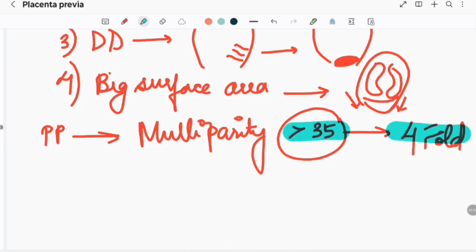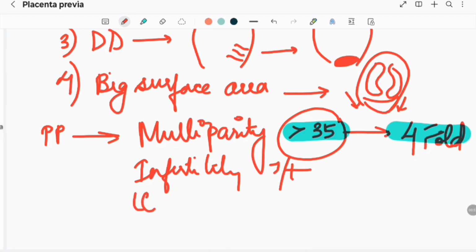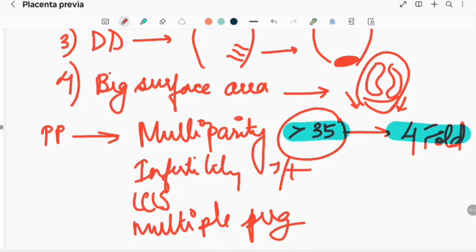Then infertility treatment, previous cesarean scar, multiple pregnancies, and smoking, which causes placental hypertrophy due to carbon monoxide induced hypoxemia. So smoking is also a risk factor.